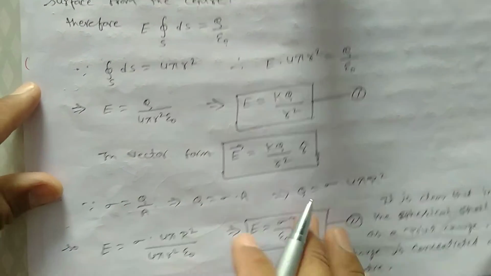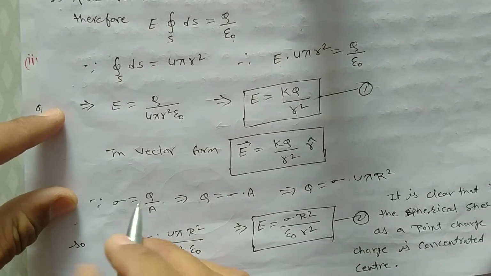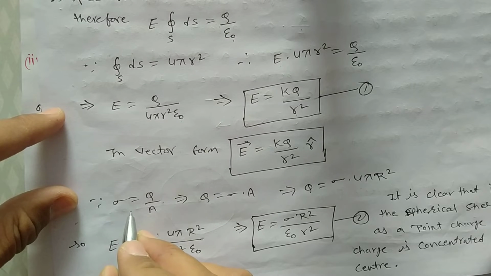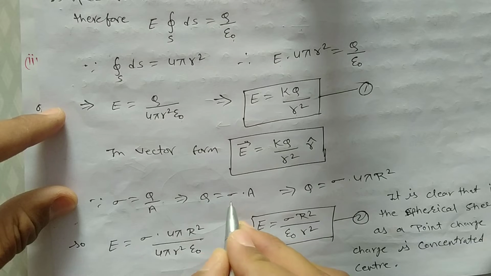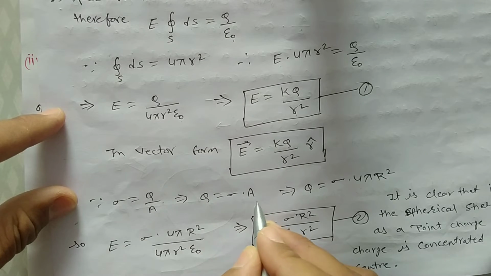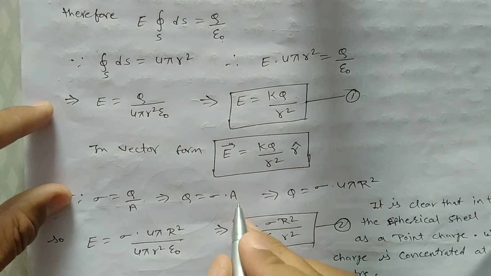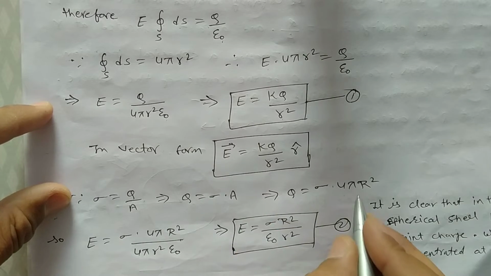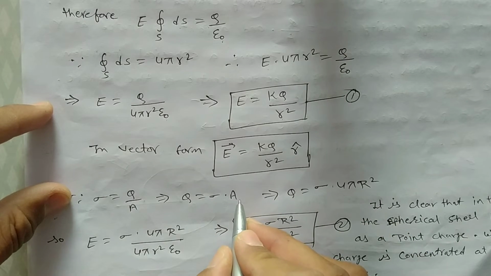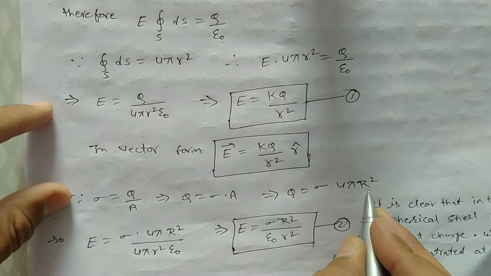We know that sigma, the surface charge density, is equal to Q upon A. So Q is equal to sigma into A. What is A? A is the area of the spherical shell, and we know that the radius of the spherical shell is capital R. So the area of the spherical shell is 4 pi capital R square.